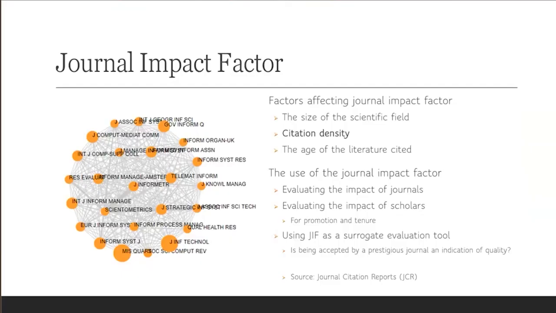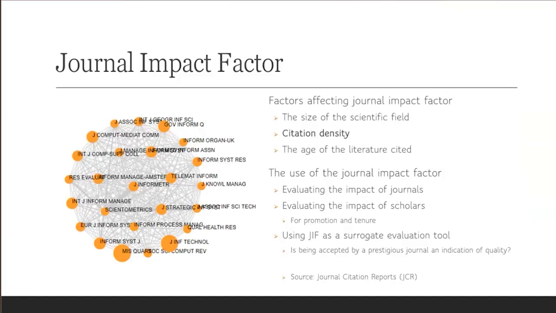But then there's also the issue of the age of the literature cited, because if after 2 years my article isn't getting counted for the impact factor, then my article doesn't have value according to this system. So there are obviously factors and issues.